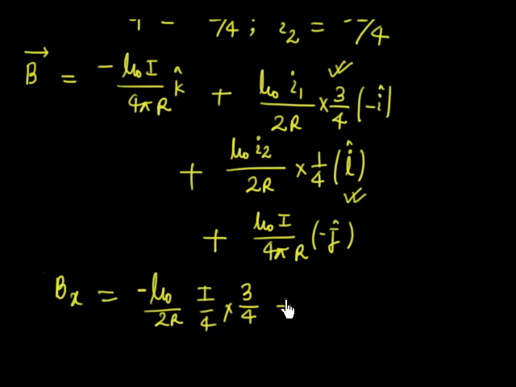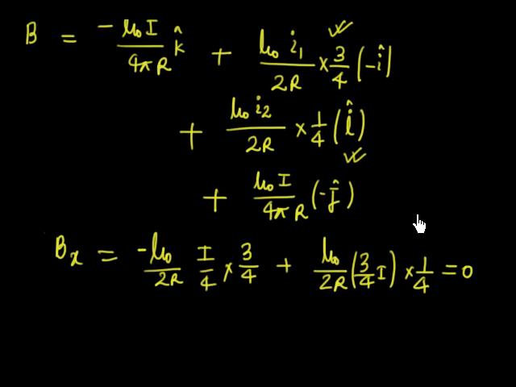Now from here what you will have is mu naught I by 2r, and R2 is 3 by 4, and this multiplied by mu naught I by 2r into 4, and this multiplied by 1 by 4 into I. So I component is plus I. Now see, these values are same. So 3 by 16 into mu. So this means Bx component is 0. This is quite important result. So I will have only J and K component.